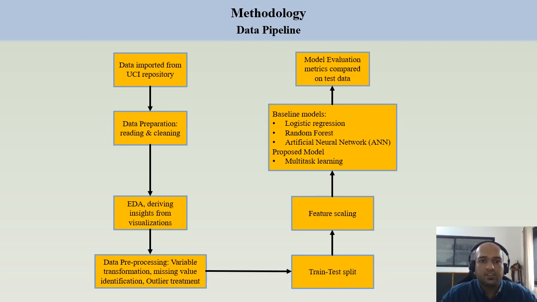And again, we applied the same baseline models, logistic regression, random forest, and artificial neural networks for classification on SMOTE oversampled data. The proposed multitask learning model setup is explained on the next slide. We applied the MTL model on balanced data and derived the results on test data.